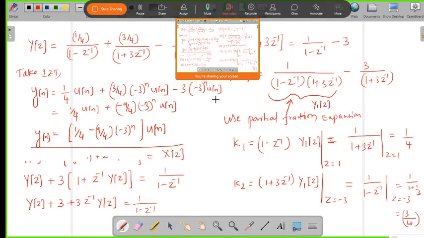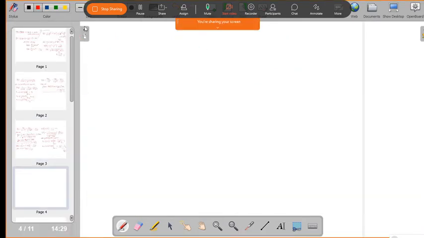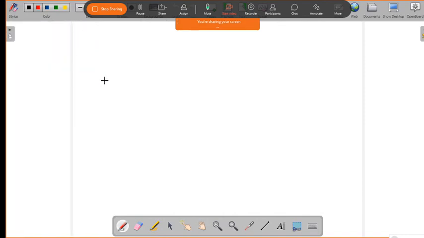So now do this one and try to get the values. Solve the following difference equation using unilateral Z transform, which is given by y of n minus 3 by 2 into y of n minus 1 plus half into y of n minus 2, which is equal to x of n for n greater than or equal to 0.